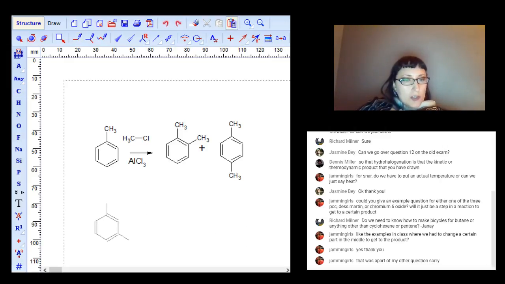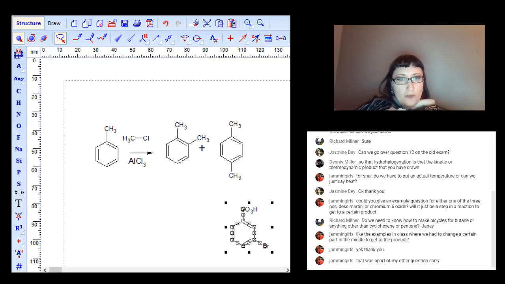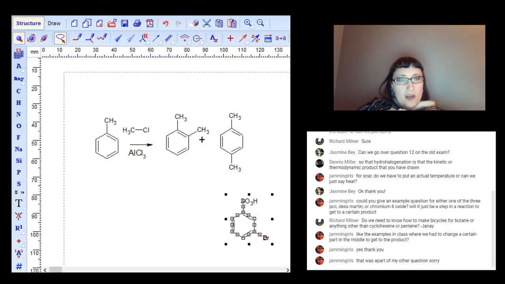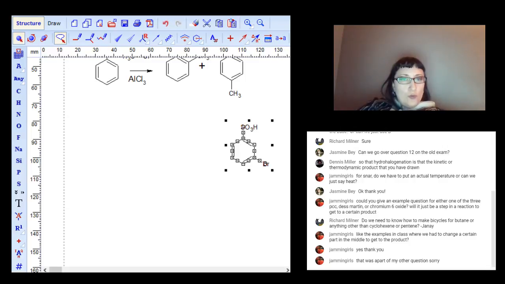The next question was how to make this molecule from benzene. That's really getting into the concept of knowing when and how to do benzene reactions, since they can give you different specificity.